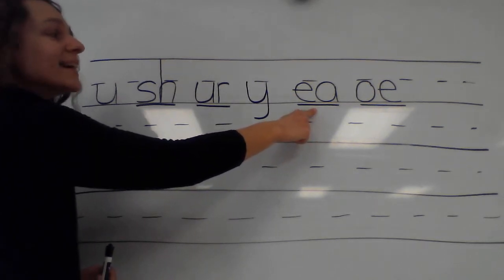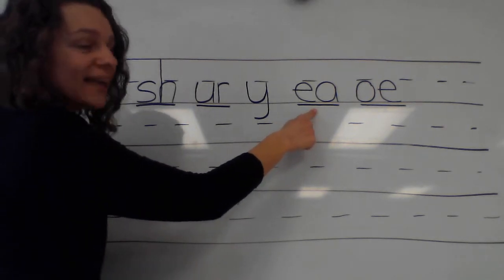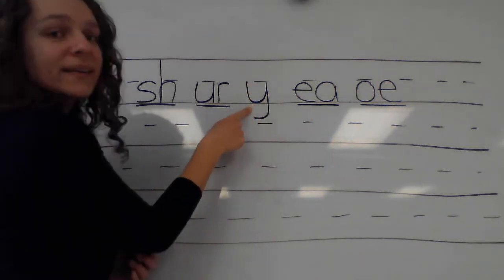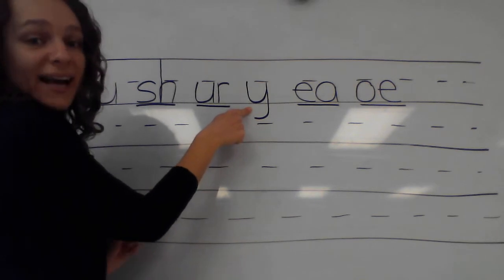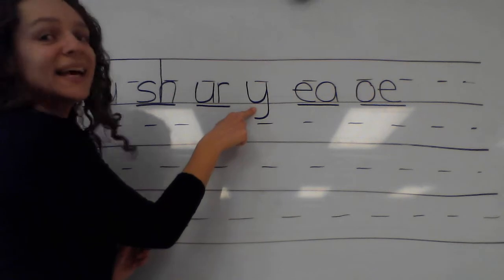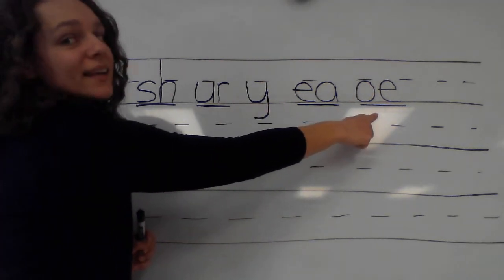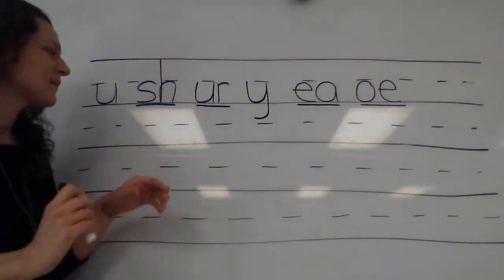All right. E-A. If you didn't get that, say it with me again. E-A. Ya, I-E. All right, say that with me one more time. Ya, I-E. The O of toe.